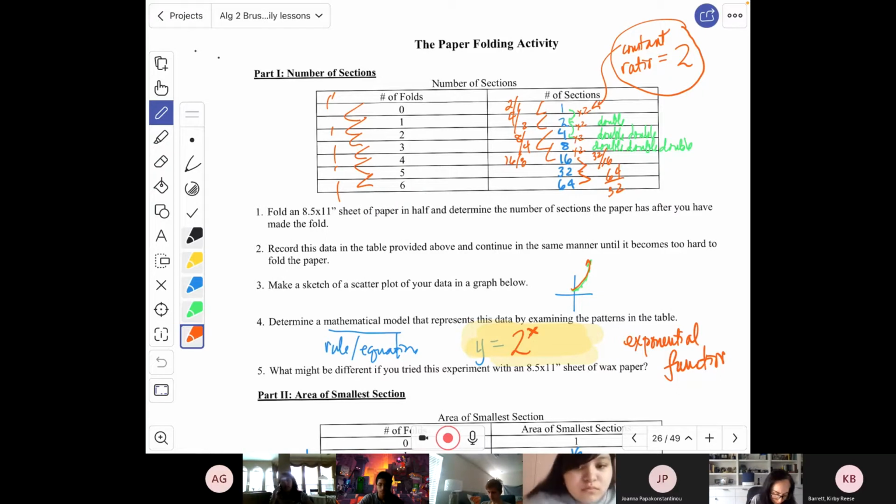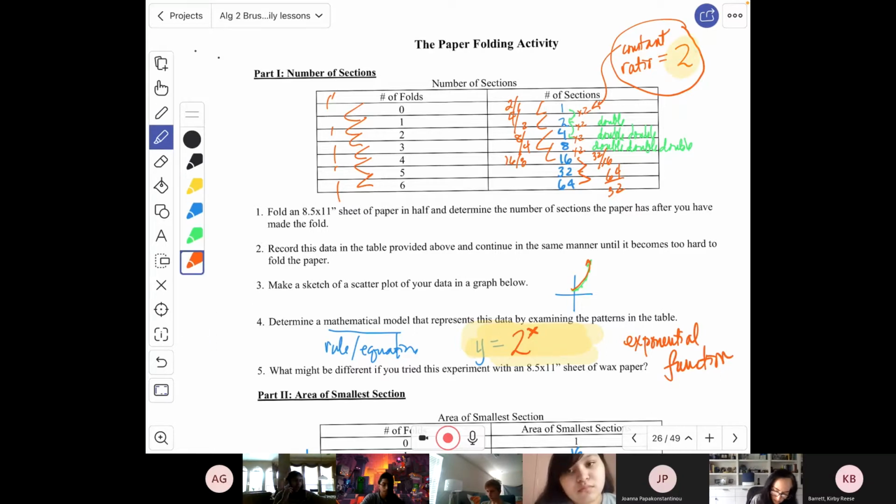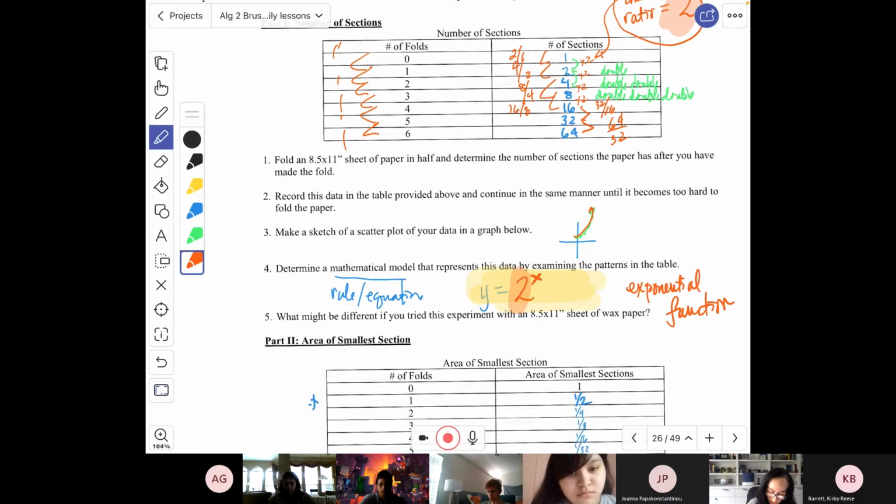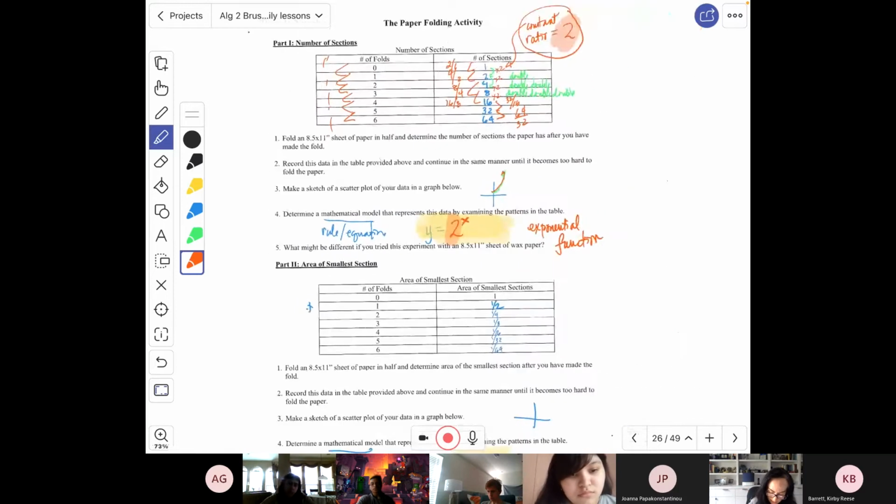How do you write the rule for the exponential function? Well, this constant ratio is the base for your exponential function. Now, knowing that, let's take a look at the second table of values.